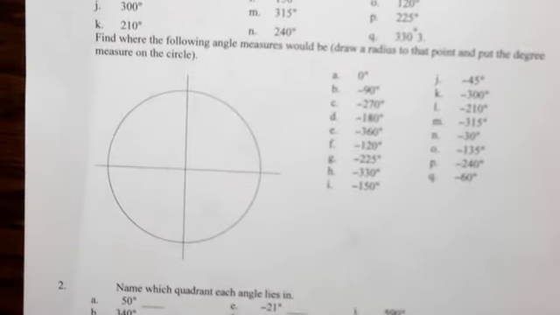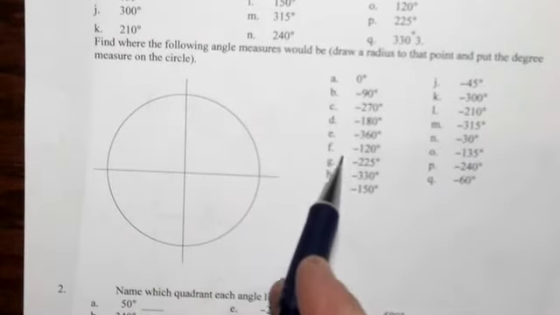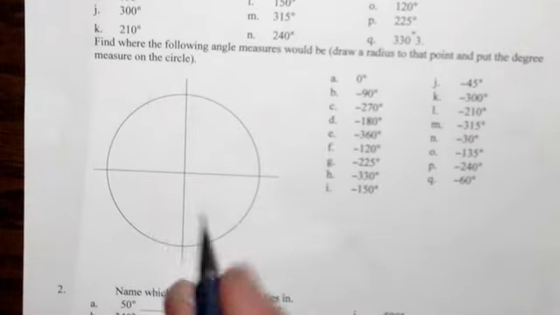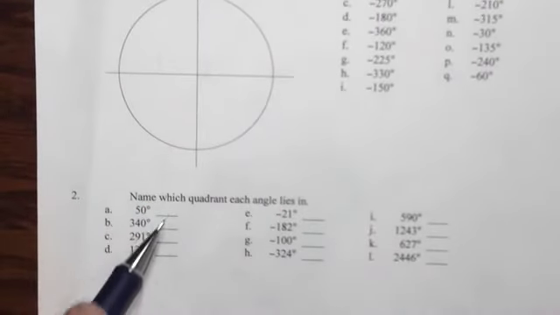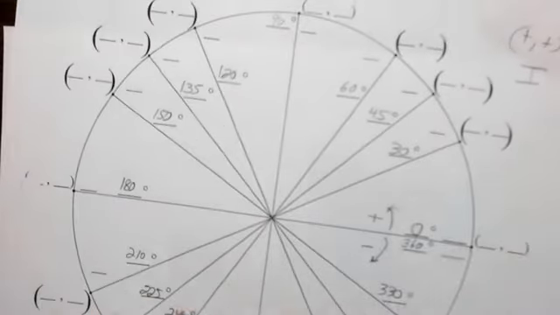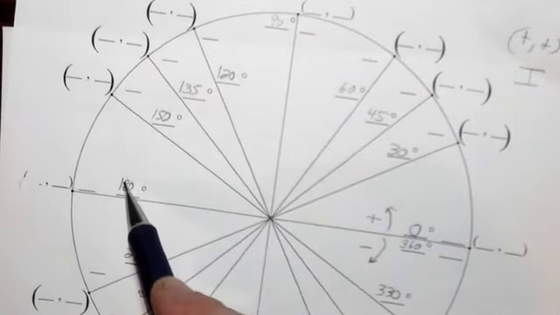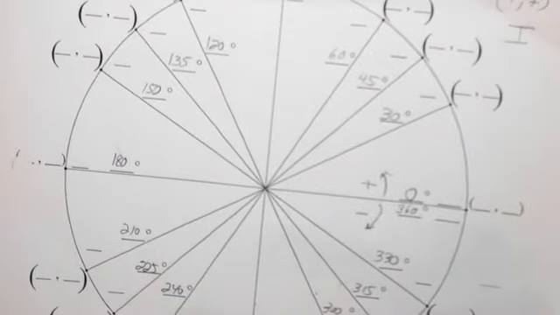On this one, you're going to do the same thing except we're doing negative angles. So again, you're just going to label it with whatever letter that is. And you can just put those all in the same one. This one down here just tells which quadrant it's in. So 50 degrees, again, if we went back to our circle, the first quadrant's between 0 and 90, the second's between 90 and 180, the third's between 180 and 270, the fourth is between 270 and 360.